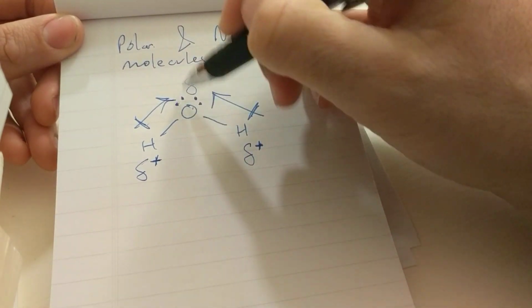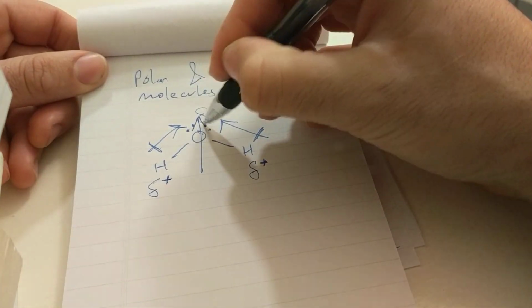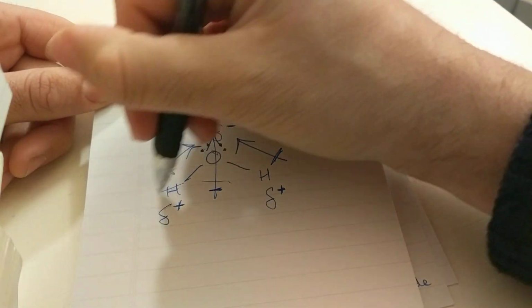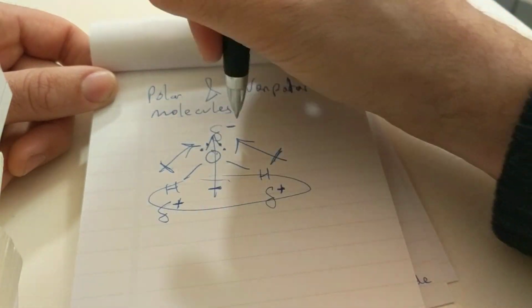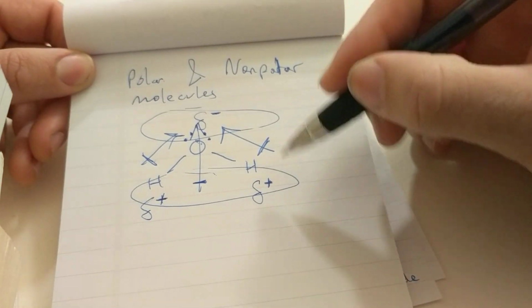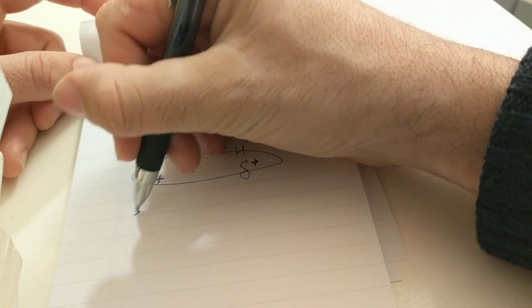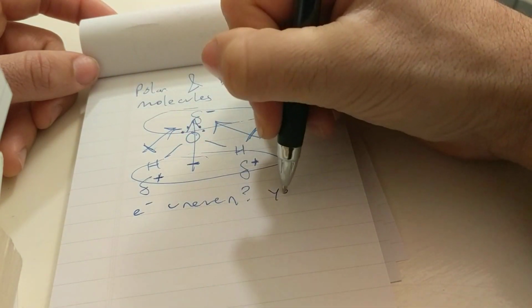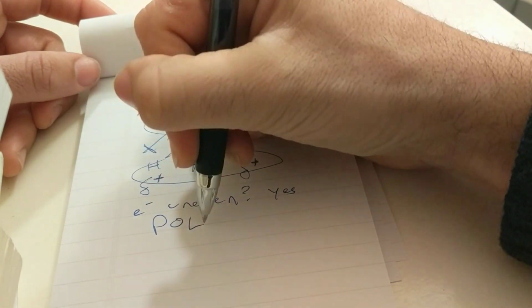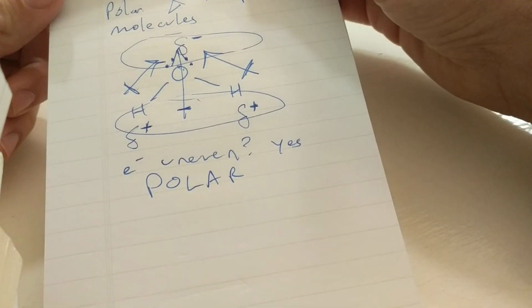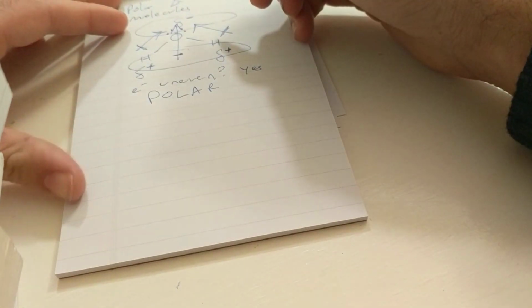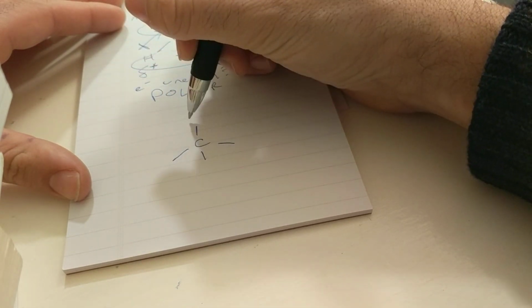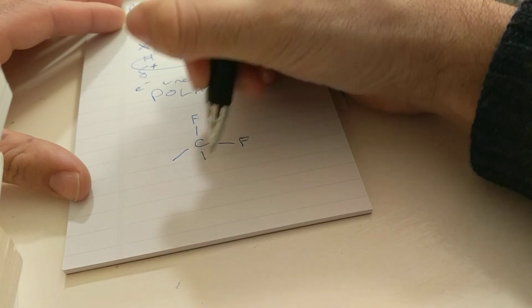These dipoles are pointing in the same direction, so it's almost like the whole molecule has a dipole. This whole bottom half is positive, and this whole half is negative. Are the electrons uneven? Yes, which means it is polar. Let's look at a different example. Carbon. Let's say we have fluorines everywhere.